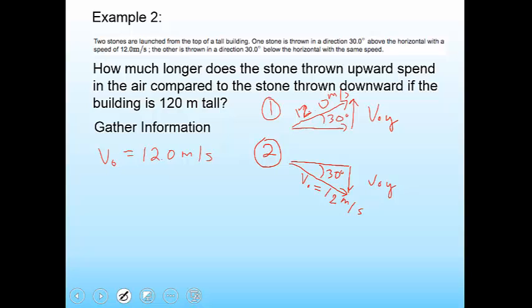We also have that the height of the building is 120 meters, and we know that g due to gravity is 9.8 meters per second squared.